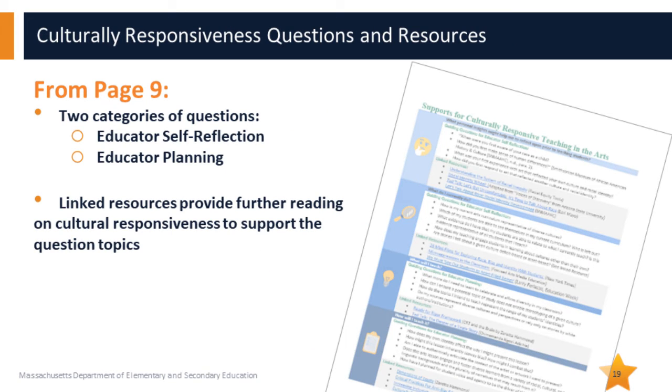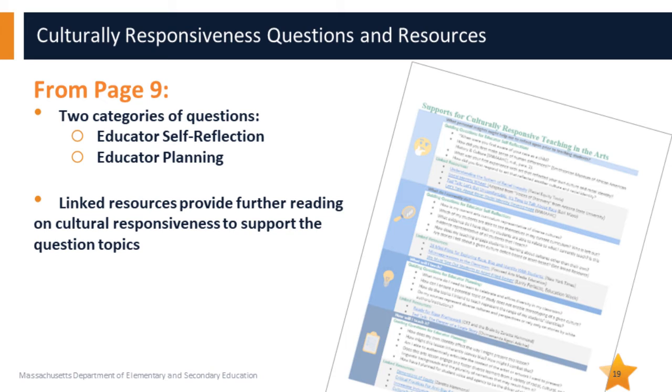Page 9 of the guidebook is especially important to become familiar with because it provides questions and resources for being culturally responsive. The chart on this page provides 2 categories of questions for arts educators. There are questions that generate educator self-reflection, and there are questions that support educator planning.